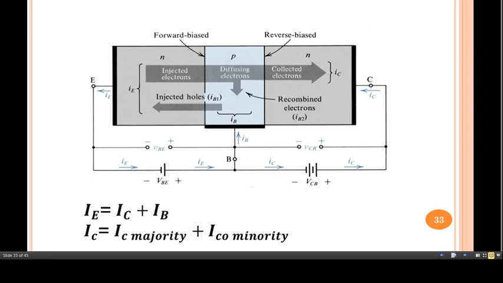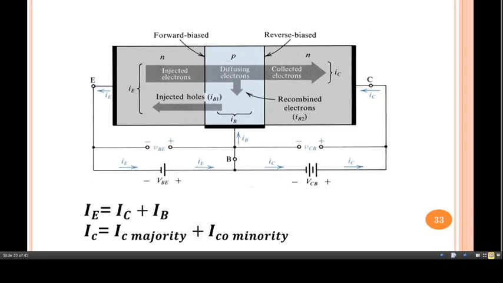So here the emitter current is a combination of base current and collector current. That means IE is emitter current, which is equal to IC plus IB. Here also you can observe in these arrows, IE is outward while IB is entering inside and IC is also entering inside the terminals, and the collector current IC is given as IC majority plus IC minority.